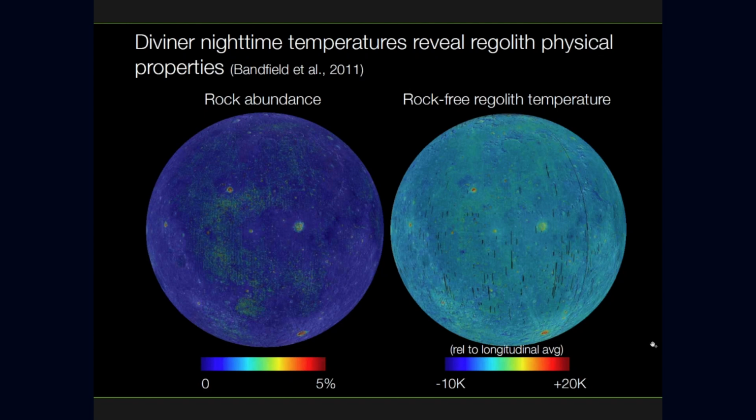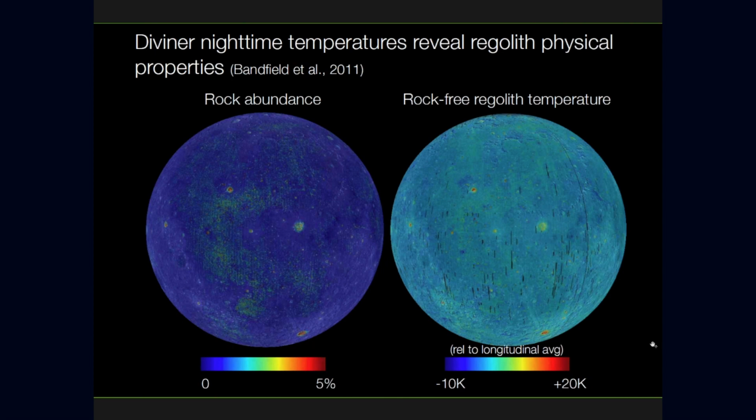And so Josh, in 2011, broke the physical components observable by Diviner down into a simple binary mixture of fine materials representing regolith and indurated materials representing rocks, and was able to calculate two extremely important and useful data products, one of which is the rock abundance, which is shown on the left here.